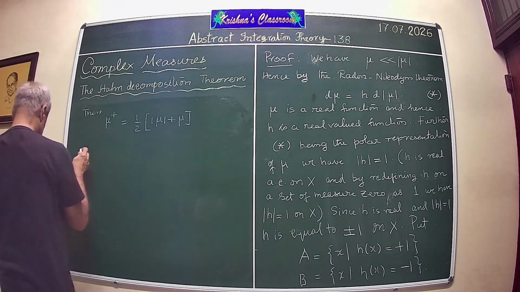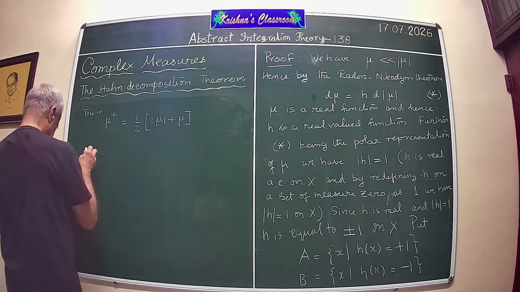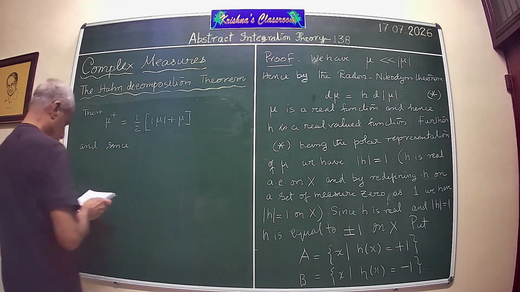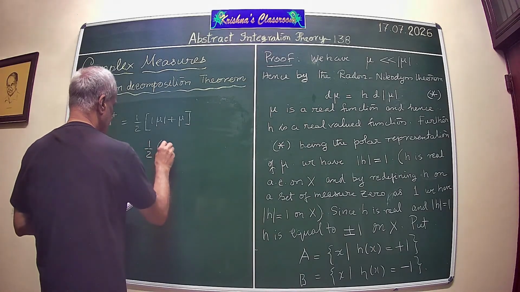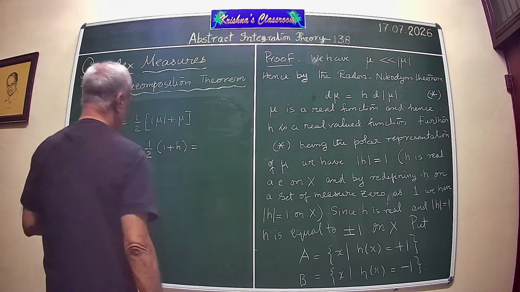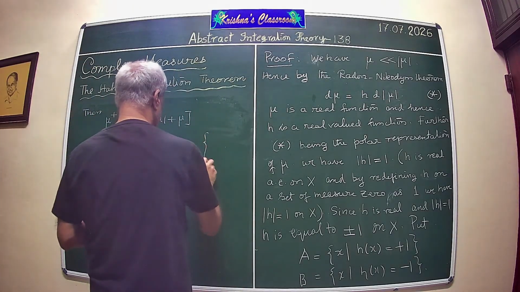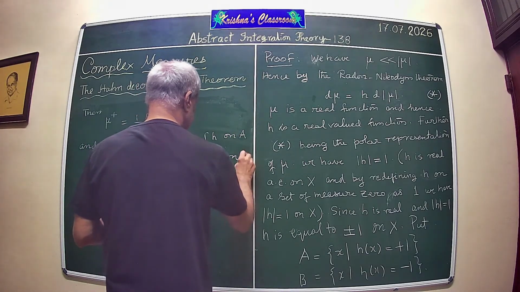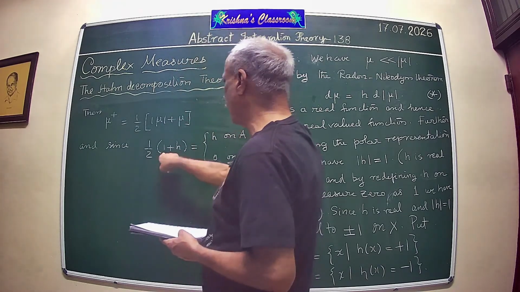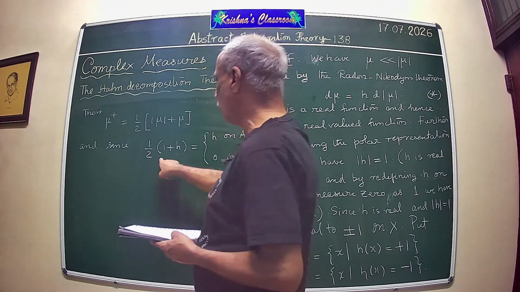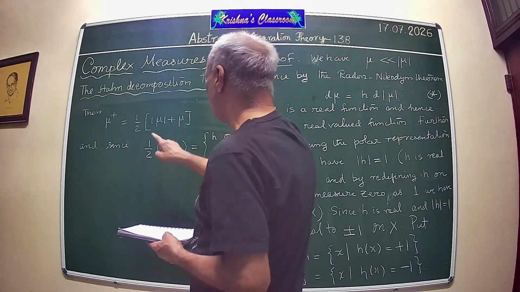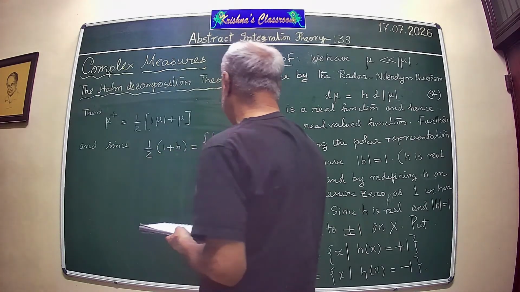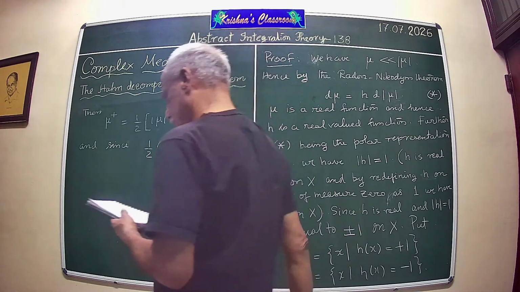Since this is equal to h on A and 0 on B, because the value of h on A is equal to 1, therefore you get 2h, and half of 2h is h on A, and this is equal to 0 on B. That's easy to see.